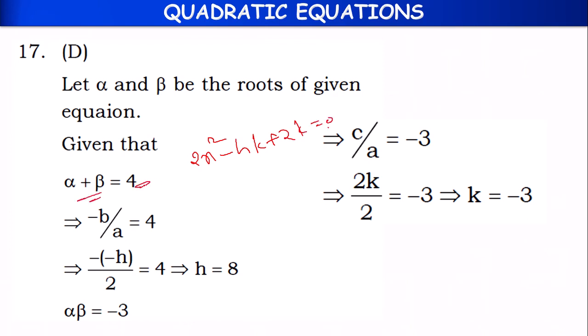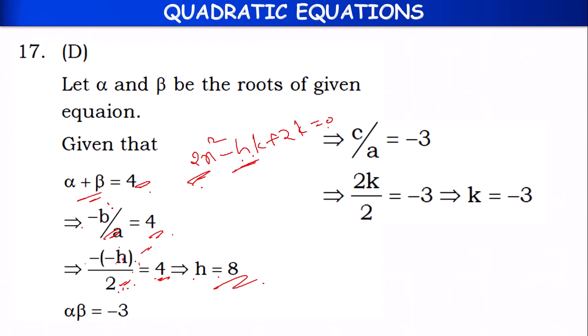So alpha plus beta equal to 4, minus b by a equal to 4. b is the x coefficient, which is minus h. Minus of minus h by a, and a is the x square coefficient, which is 2. Minus of minus h by 2 equal to 4. Minus into minus becomes plus. h by 2 equal to 4, or h equal to 2 into 4, which is 8.